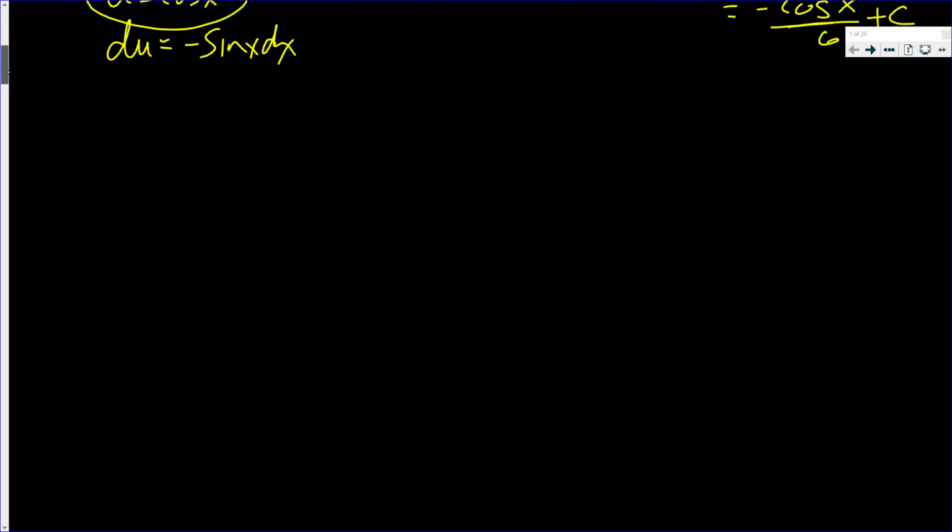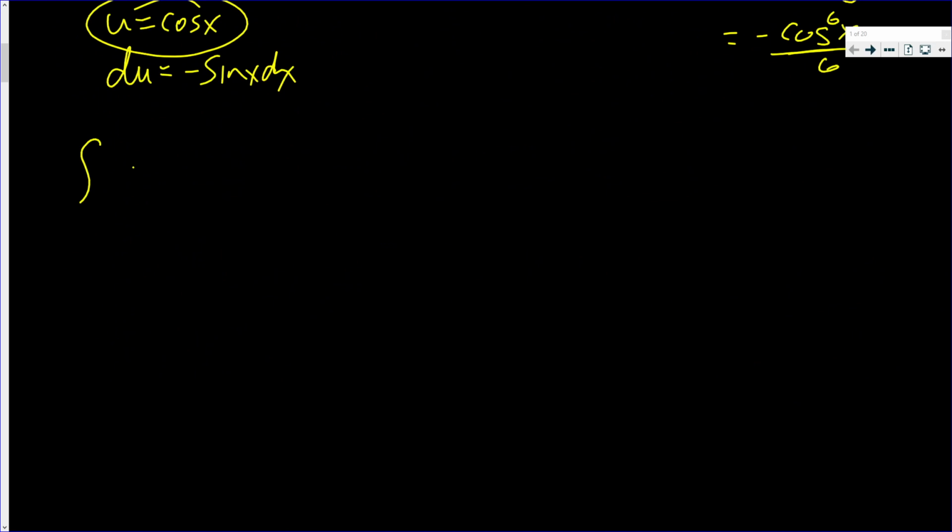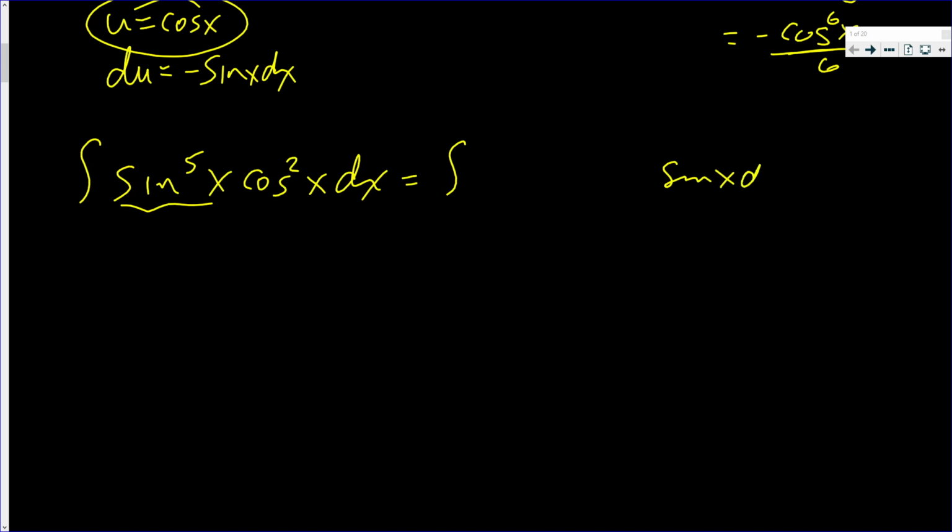Now, suppose you have the integral of sine to the fifth x times cosine squared x dx. You have to understand that since this is an odd power, you can break off 1 sine x.